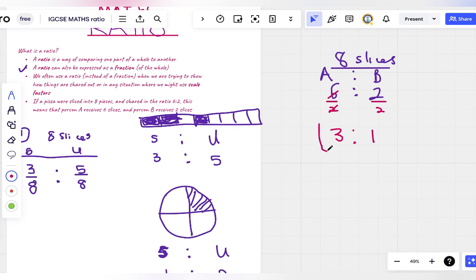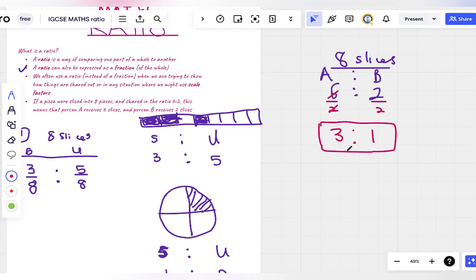What this means is not that person A got only 3 slices and person B got only 1 slice. That's not what it means. It means that we simplify the ratio, we put the ratio in the simplest form. What this one means is that person A is taking 3 times as much as what person B is taking.